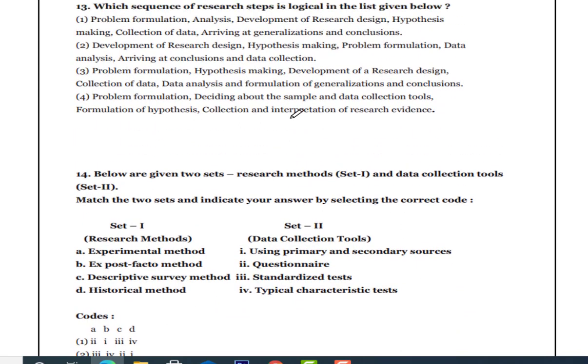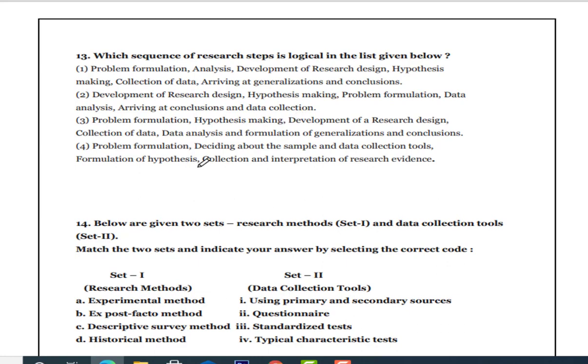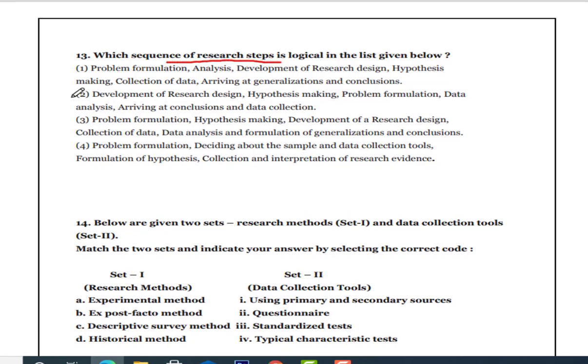Okay. The next question: which sequence of research steps is logical in the list given below? So again they are asking about the research cycle. Development of research design: initially we cannot design, right? So problem formulation is the first step.